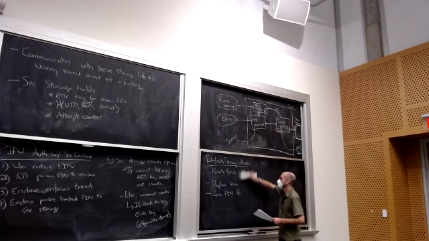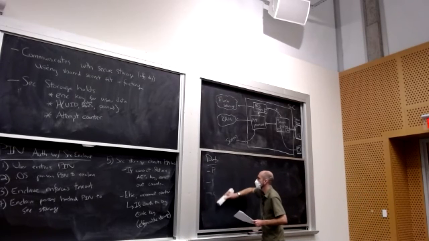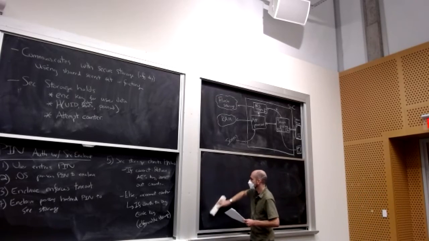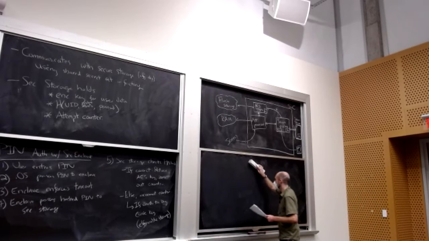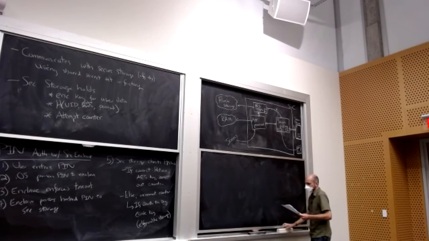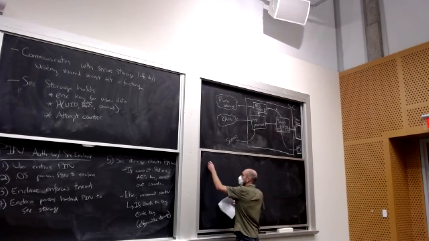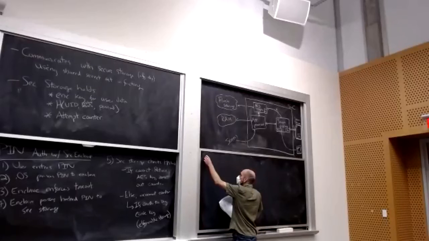And why is this interesting? Well, it shows one of the ways in which a secure enclave can be helpful for security, at least from Apple's perspective. This is kind of an aside.